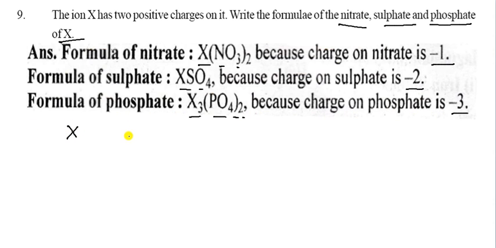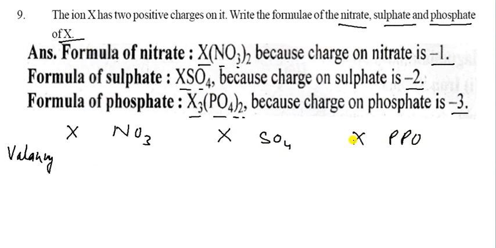So you can write here X and here nitrate NO3, and write the valency. Here is X, here is sulfate SO4, and here is X and phosphate PO4. Phosphate has -3 charge, so you can write the valency of this one as 1, and it is 1, and here it is 2, and it is 1, and it is 3.